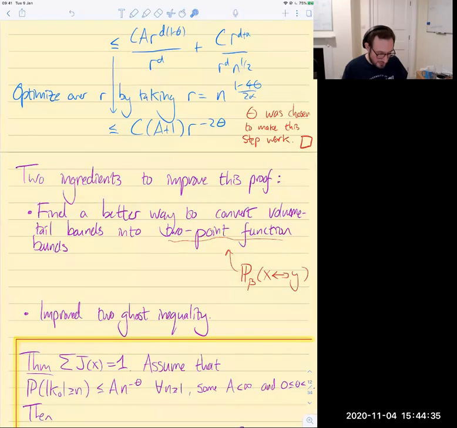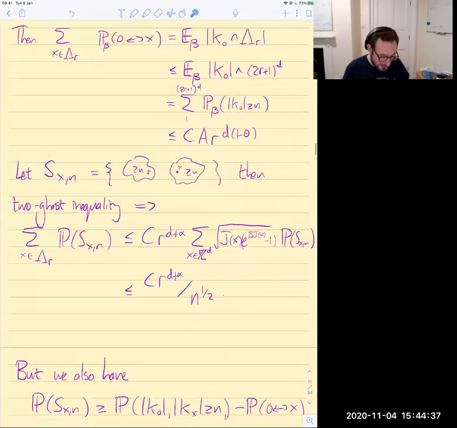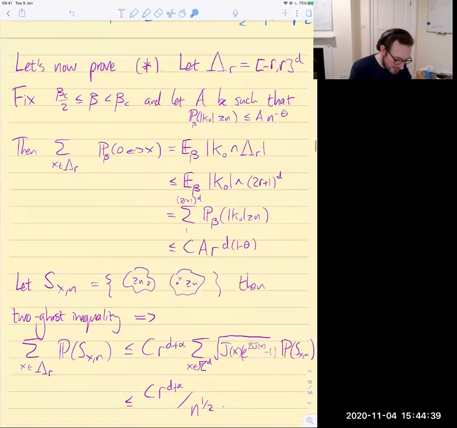The first one, which is the one I really want to talk about today, is that we had this argument here where we wanted to use this assumption about the tail of the volume to get this average function bound. And this step here is extremely wasteful. It's just a bit silly. Just bounding this intersection by the minimum is not a good bound. So we're going to want to revisit this and try to do something better.